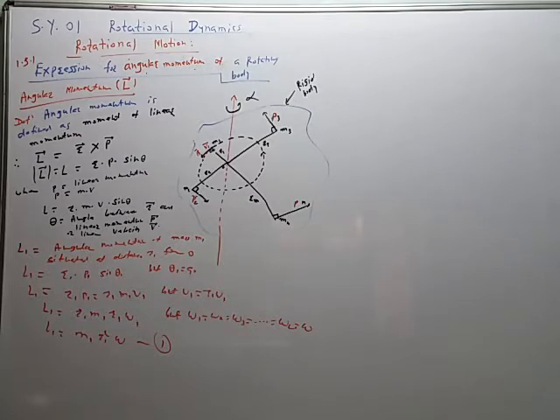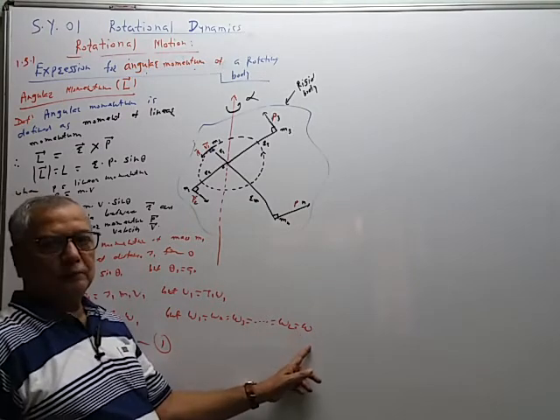So equation 1 gives the angular momentum of the first particle of mass m1 situated at distance r1 from the given axis of rotation and performing circular motion with the radius r1 with angular velocity omega 1, and omega 1 is equal to that of the whole body.